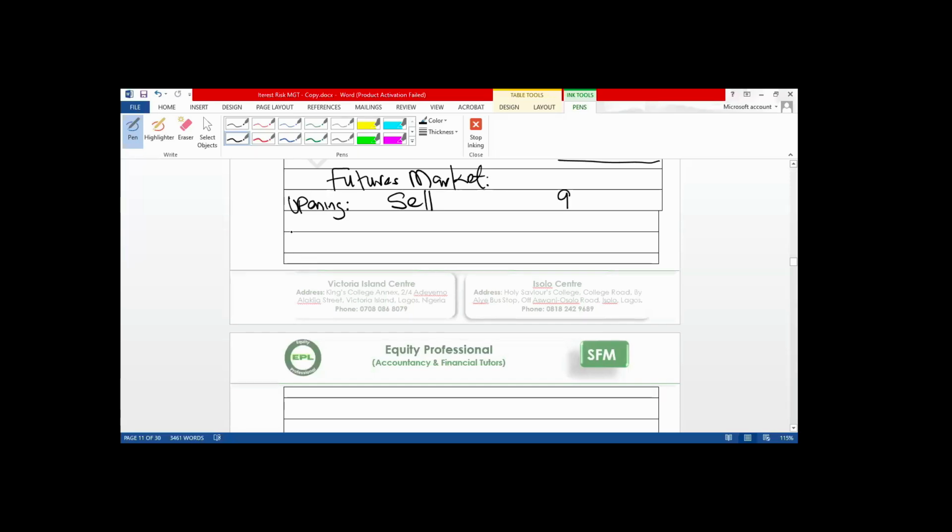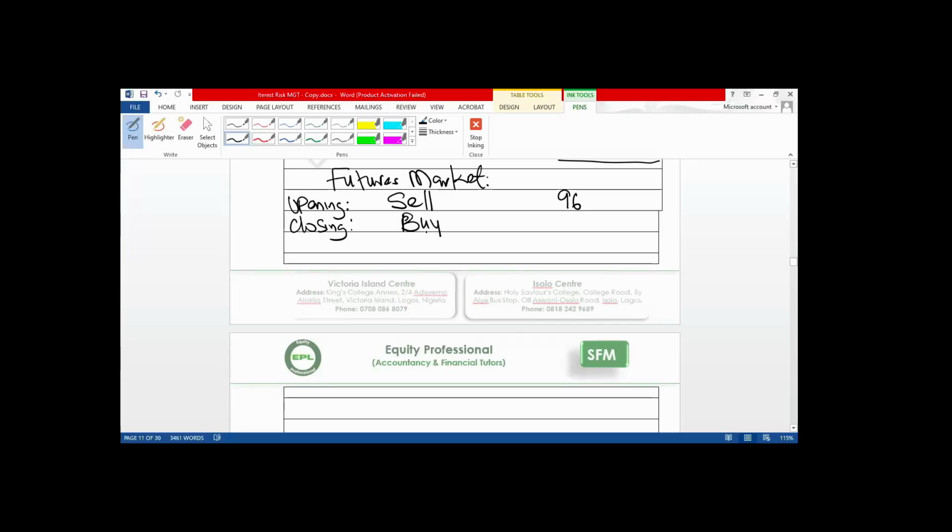At closing, at the end of 3 months, you are going to close out. To close out, you are going to do the opposite of what you did at opening. You are not going to buy.